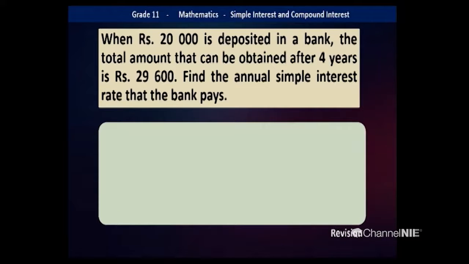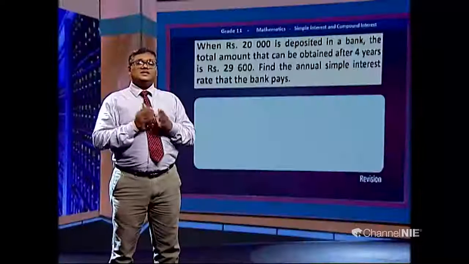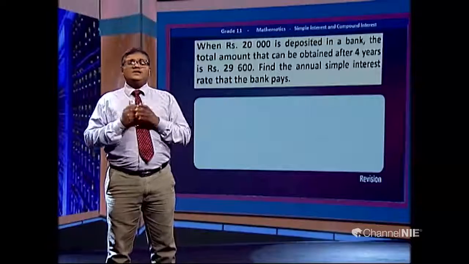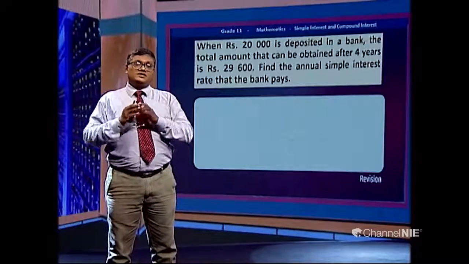Now we can go for a backward calculation. That means they don't give the interest rate, they give the total amount after several periods. Then what you do? You calculate the total interest, and after that you calculate the interest for one unit of time, maybe 1 year.